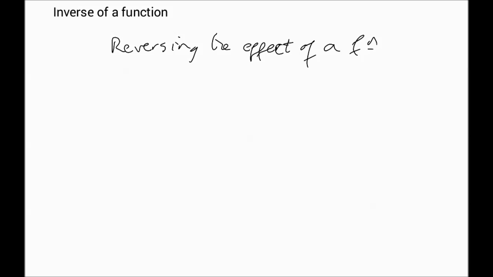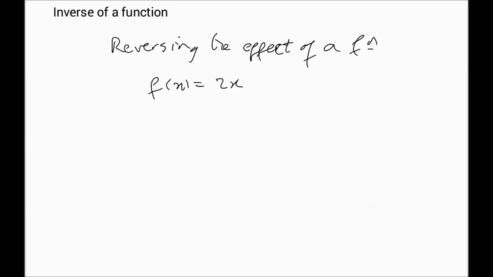So for instance, if I had a function f of x equals 2x, that means I'm doubling the input. What is the reverse of that? If I give it an input, it doubles it. Now if I want my original value back, I have to take half of it, and then I'll get what I started with.